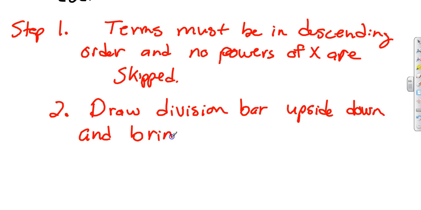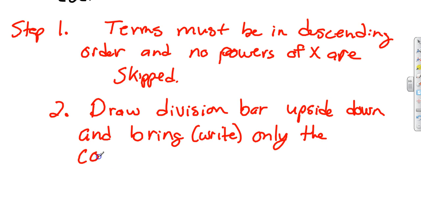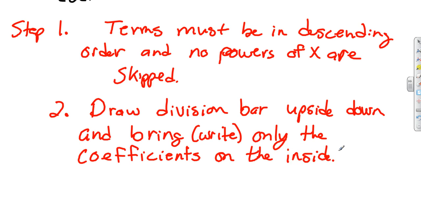And we'll say it this way, and bring down or write only the coefficients. That's only inside. Because you got inside the division part that you're doing, you got the part that's on the outside. So for this one, we're taking our division bar that we had before that was like this. Now we're going to flip it upside down and do this. And the only thing we're going to need when we do this is going to be just the coefficients. All the x terms, x squared, x to the third, x to the fourth, all those parts of it, we're not going to need this for this one, and that's what makes it the synthetic part.